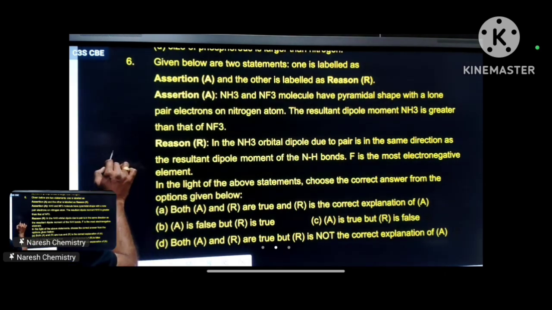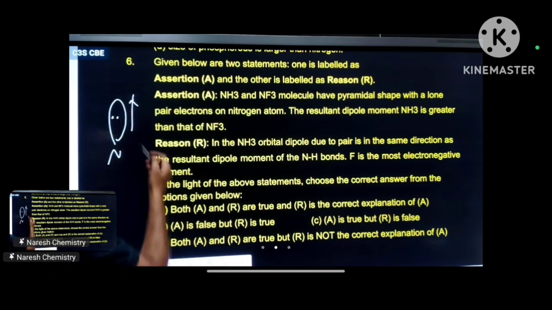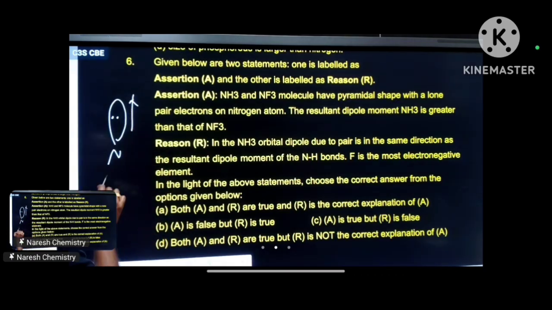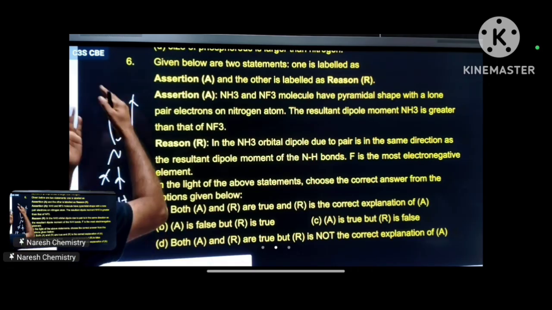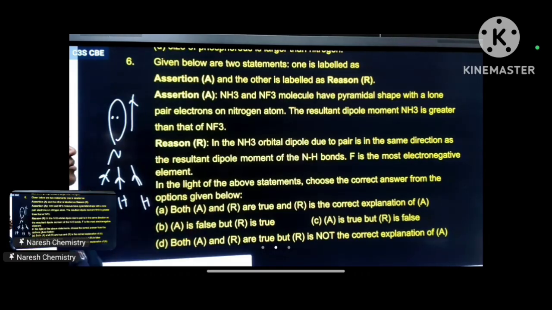See, in nitrogen, the orbital moment is in the upward direction and the bonds are also moving in the upward direction. All are in the same direction, so dipole moment is more.